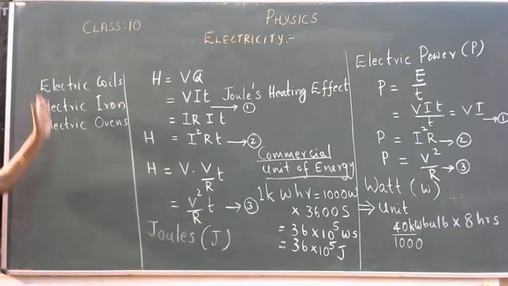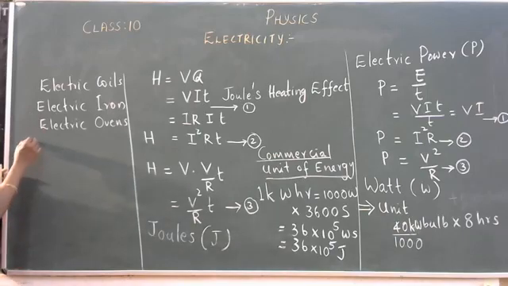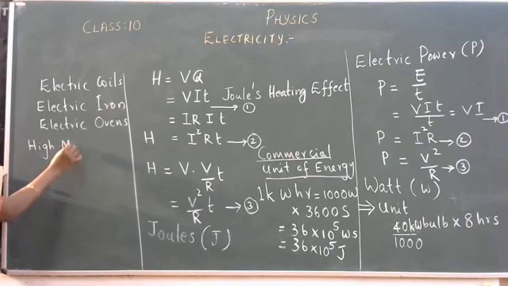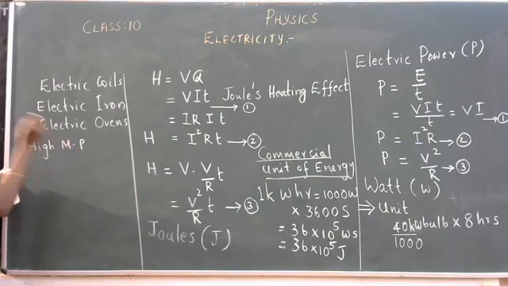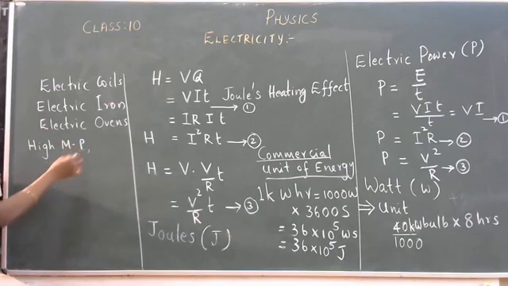So there we will be using coils which have a very high melting point. The properties of the coils to be used for heat energy producing devices: the coil should have a high melting point, and it should also have very high resistivity.